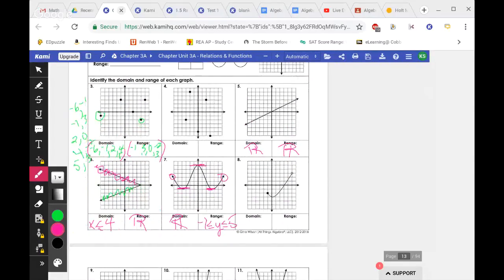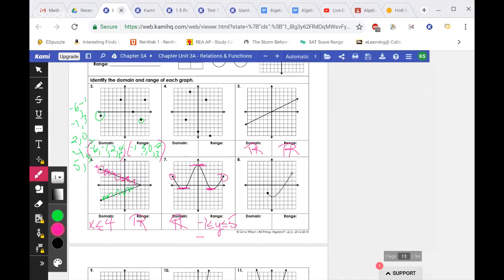And then let's see. Courtney, back to number 7 for just a second. Remember how I showed you the negative infinity to infinity on number 5? The second way to write the range for 7, and if this is confusing, I don't want to do it.